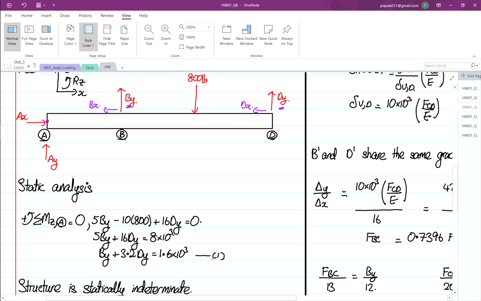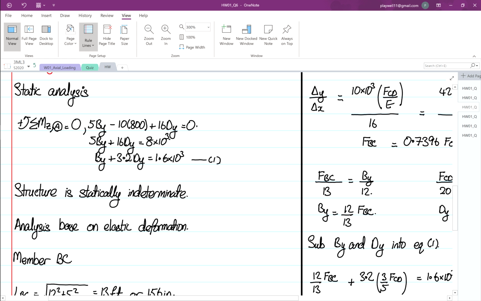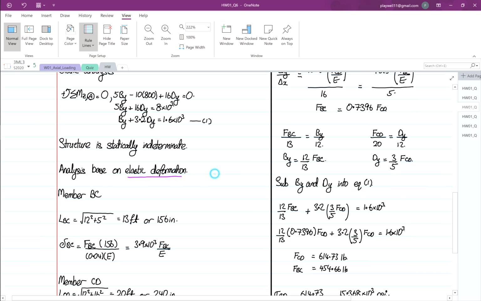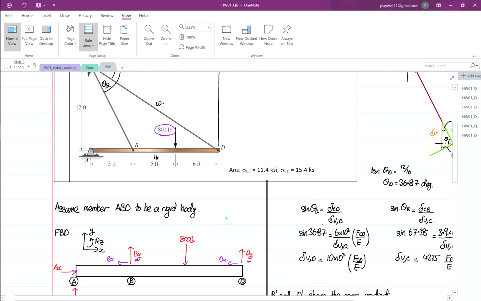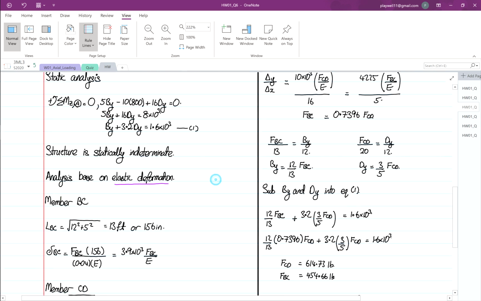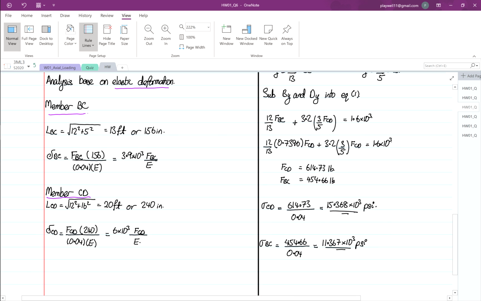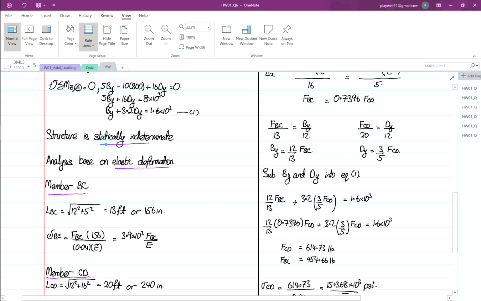And then we realize that our structure is statically indeterminate. So we use elastic deformation. We find the deflection of BC and the deflection of CD. Why do we go into that? Because the structure is statically indeterminate.